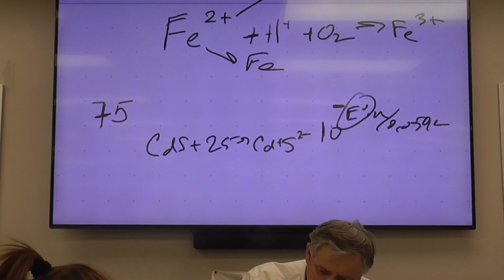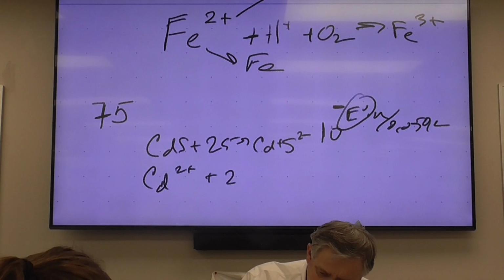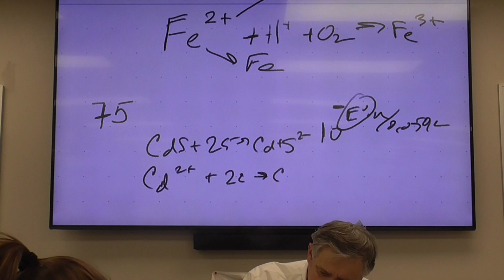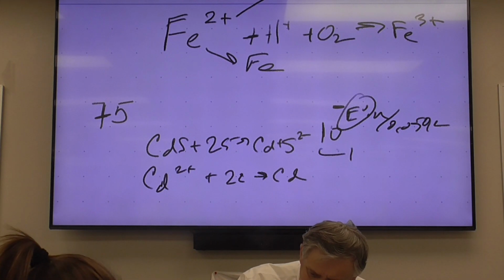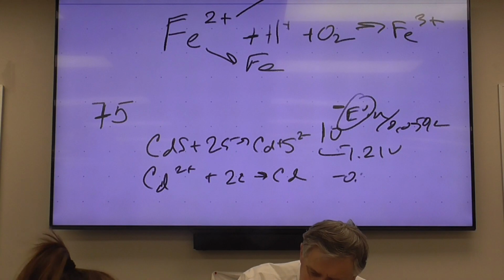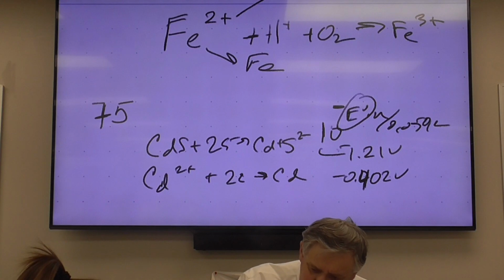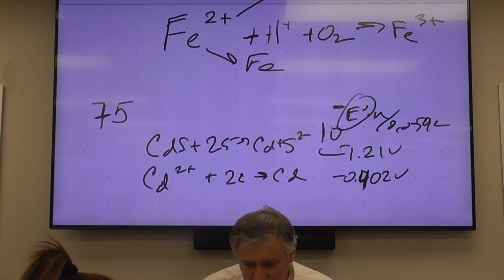And then you have Cd2+ plus 2 electrons turning into elemental cadmium. And that one is negative 1.21 volts, and the other is negative 1.402 volts.